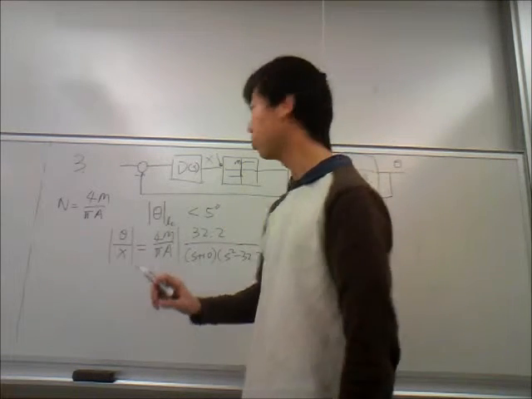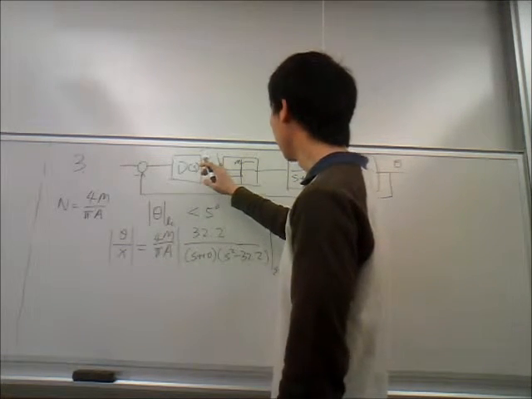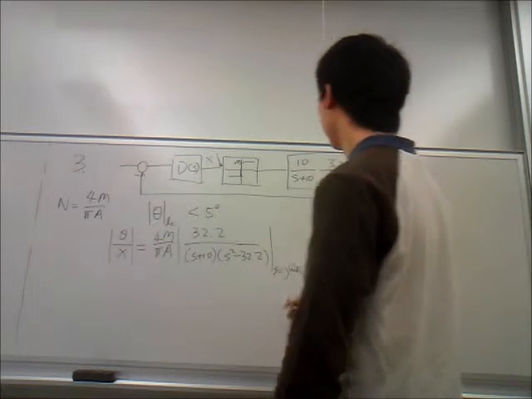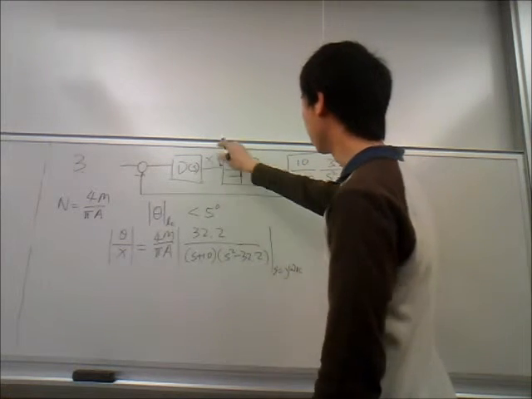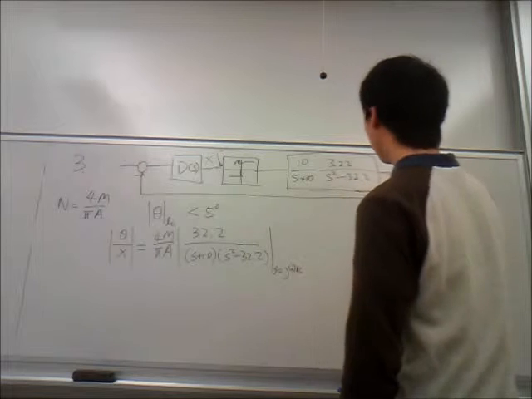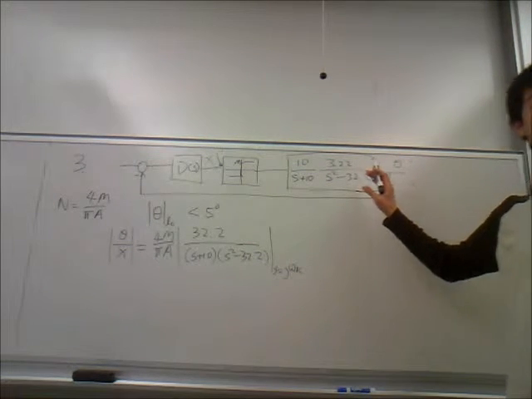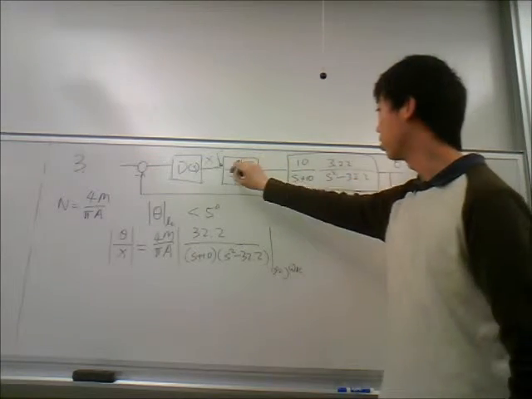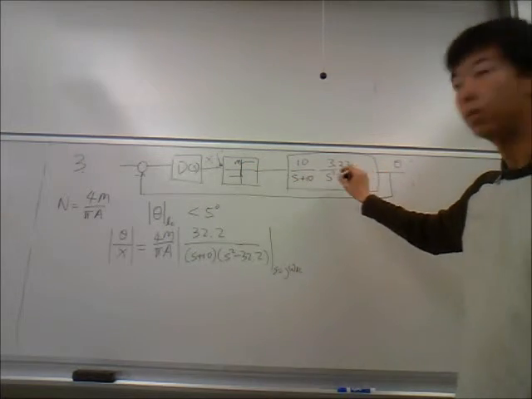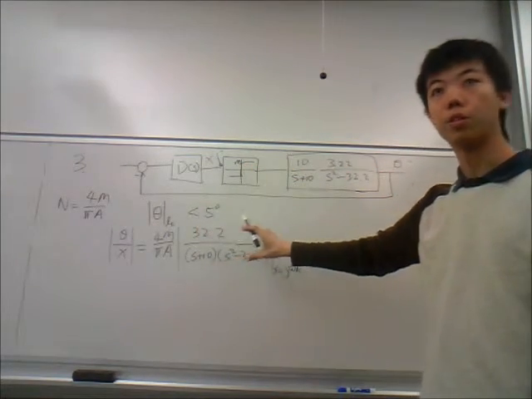There's two ways to do this. The first way, you could do the feedback, but if you just consider this part right here, you don't need to take into account the feedback, because you could just propagate it forward, and you'll end up with this expression.